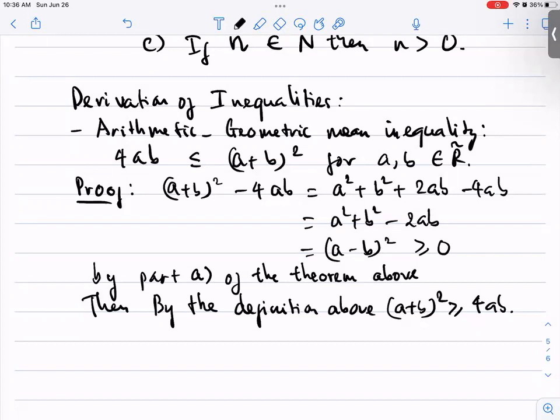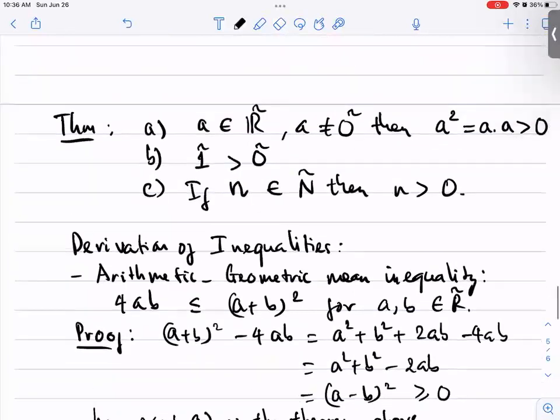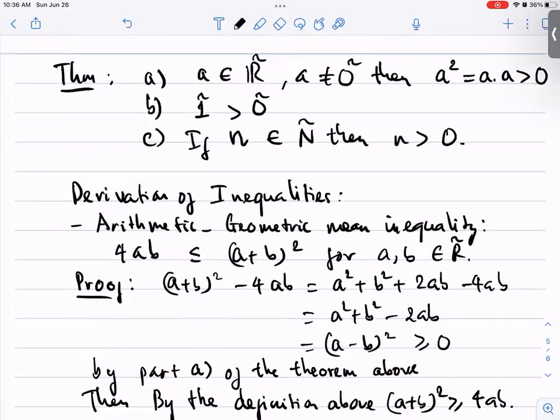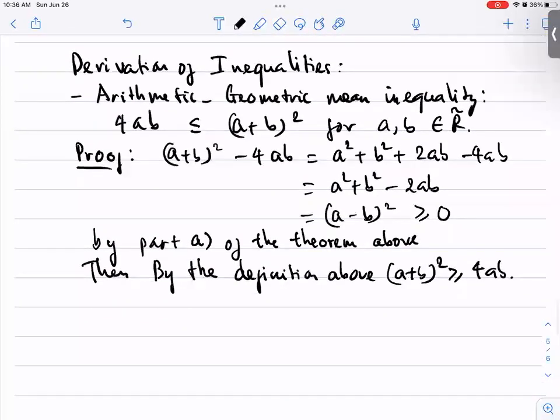By part A of the theorem we just stated earlier, the expression A minus B squared must be greater than or equal to 0.